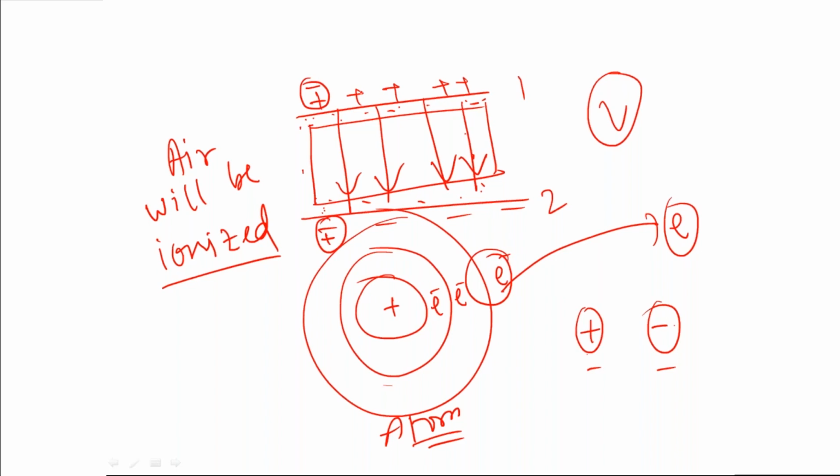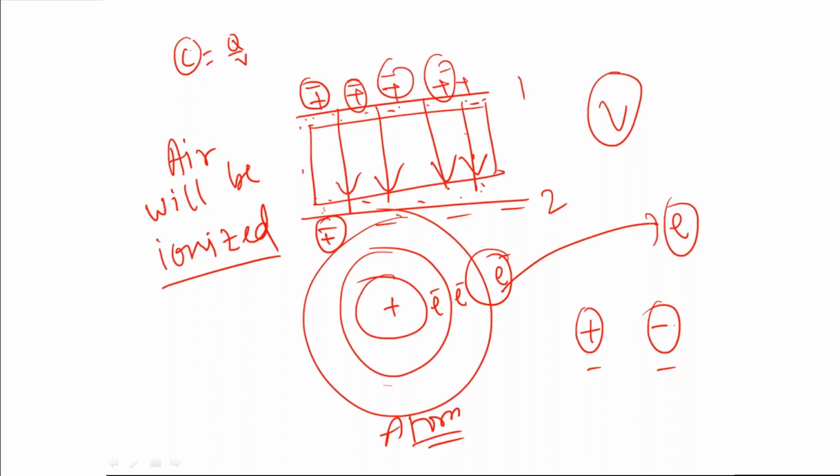Look, capacitance actually depends on Q by V. If your charge is more, then the capacitor's capacity is more. In some cases, all the charges may get neutralized by these ionized charge carriers.